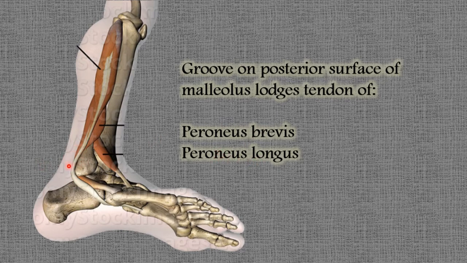So this groove lodges the tendon of the Peroneus longus muscle. This is the Peroneus longus, and this is the Peroneus brevis muscle, this one. So this is the short muscle.